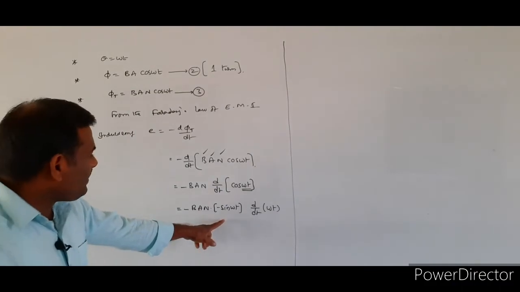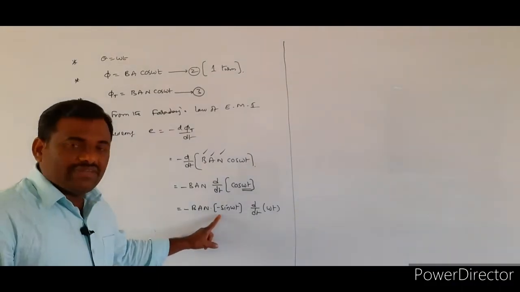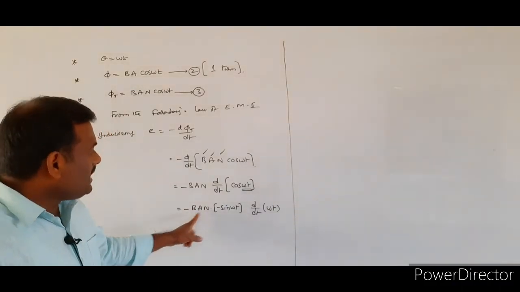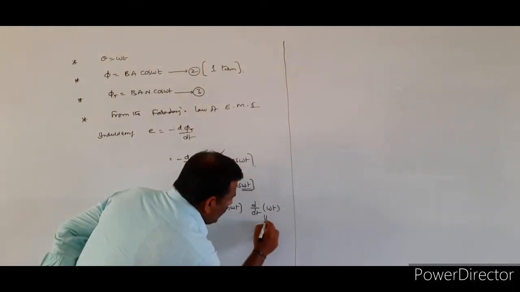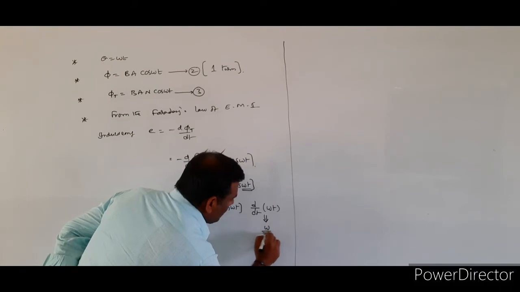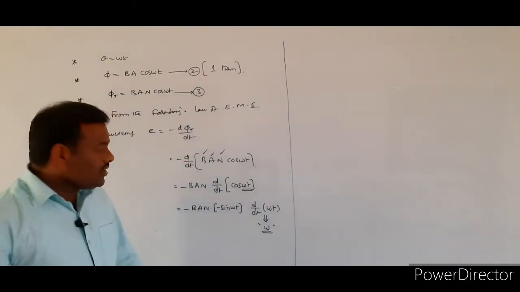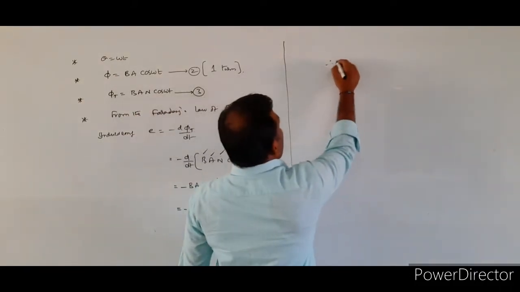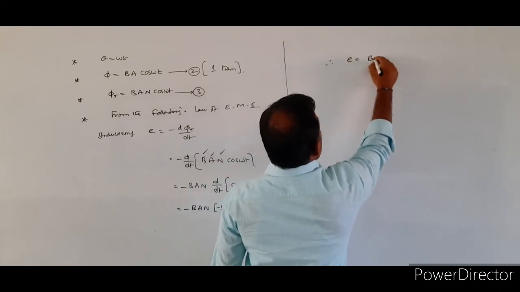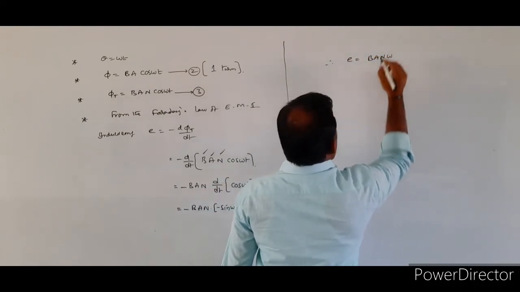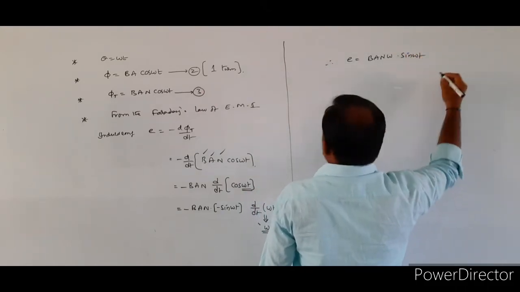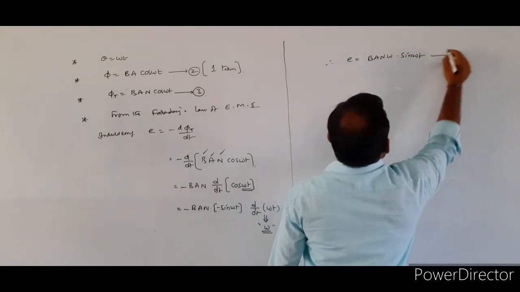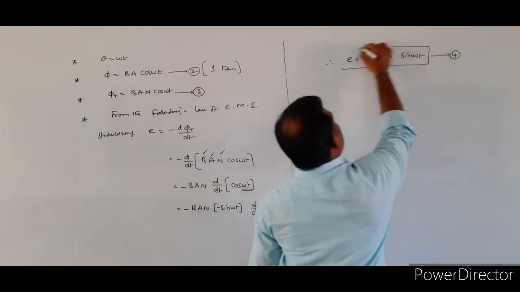If you simplify this, minus into minus becomes plus. The derivative of omega t becomes omega. So directly I am writing that. Therefore E is equal to BAN omega sin omega t. This is the final expression you are getting.